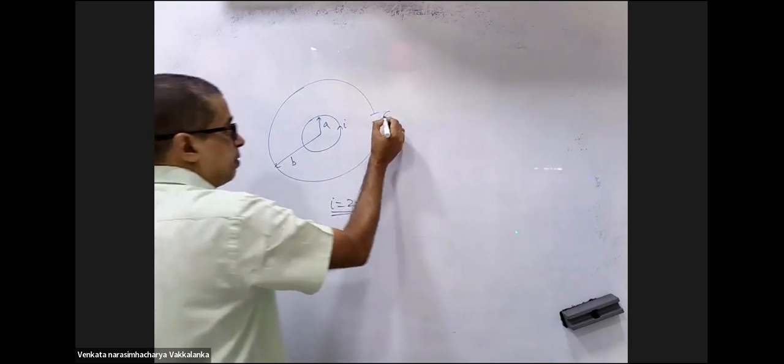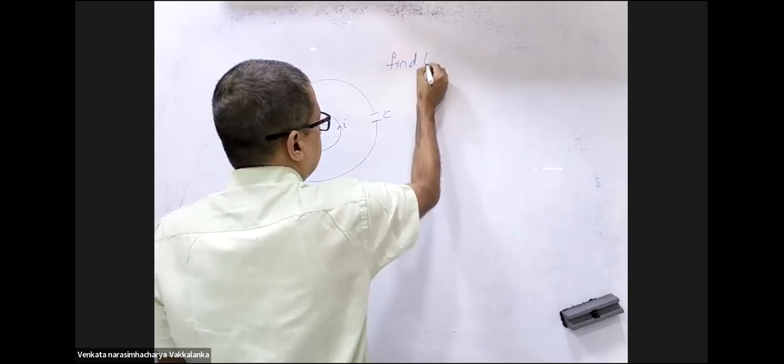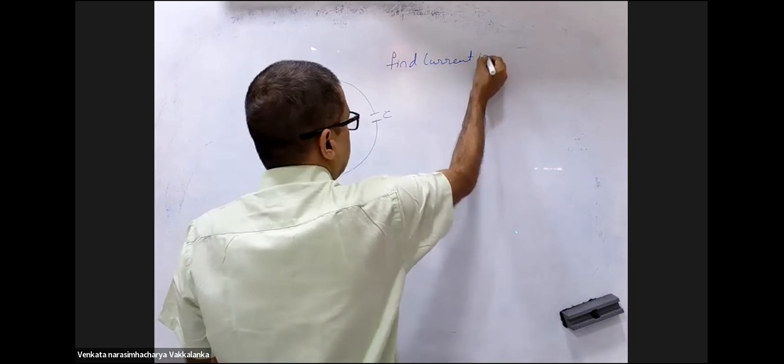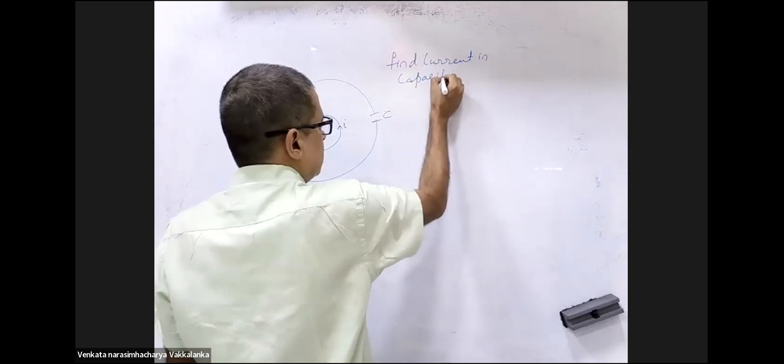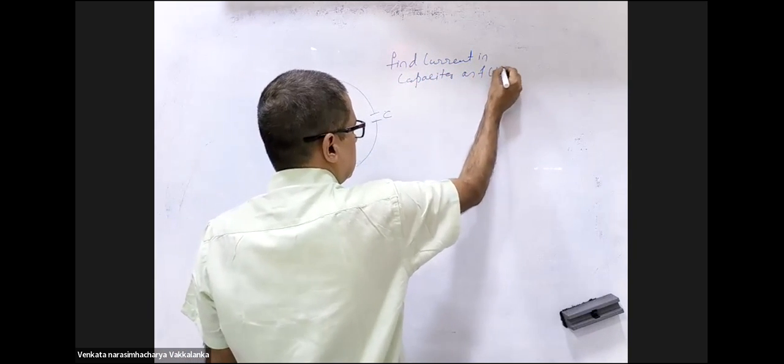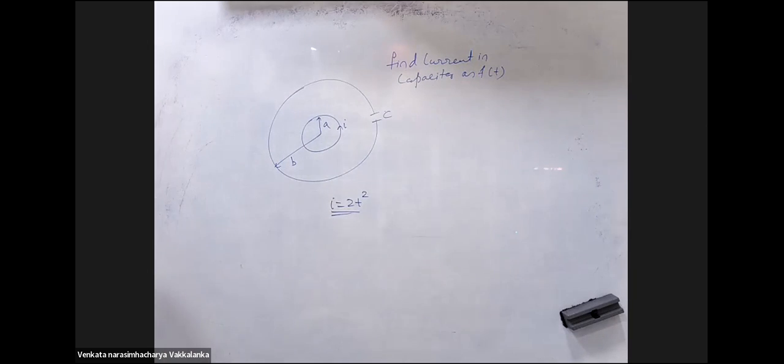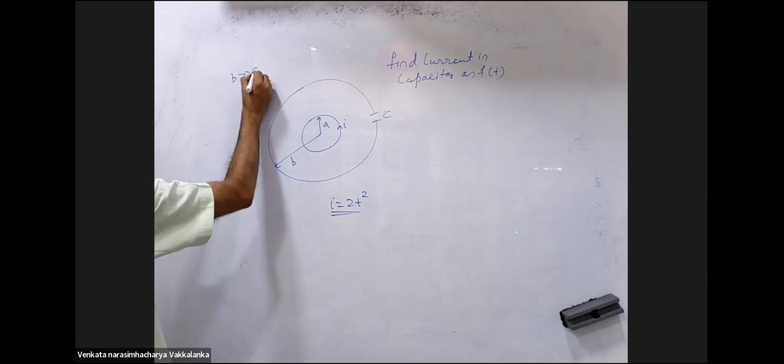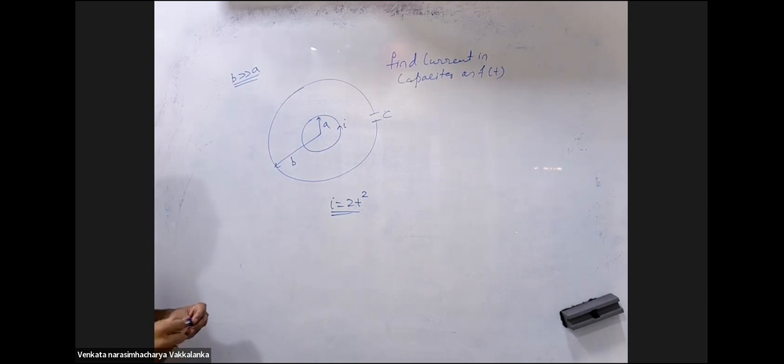Find the current in the capacitor as a function of time. Your given B is much greater than A.